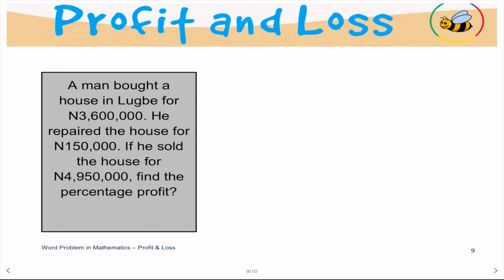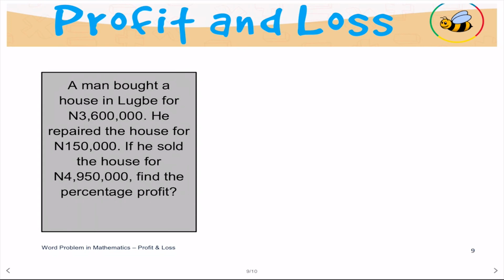Very interesting. Now, to calculate the percentage profit, the first thing we need to do is to calculate the profits. Profit, as we all know, is selling price minus cost price. In this question, we are given the cost of acquiring the house, but we are also given the cost of repairing the house.